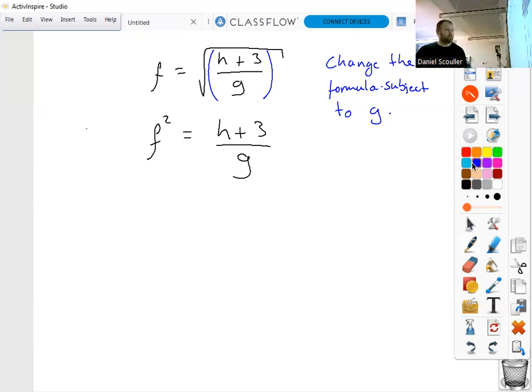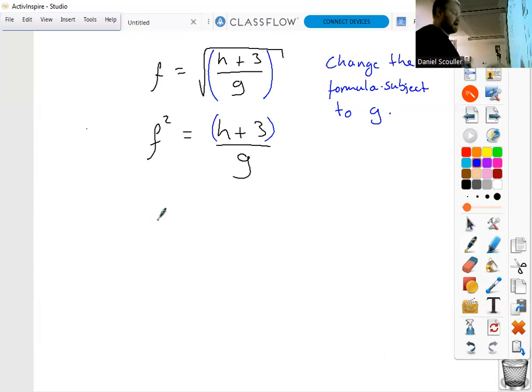Once we get to that point, again, we'll try to isolate g. But g is in the bottom of a fraction. G is also underneath this whole term here. Again, h plus 3 isn't in a bracket, but h plus 3 is a sort of collective term that we need to move.